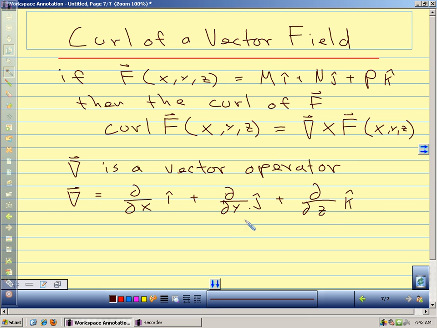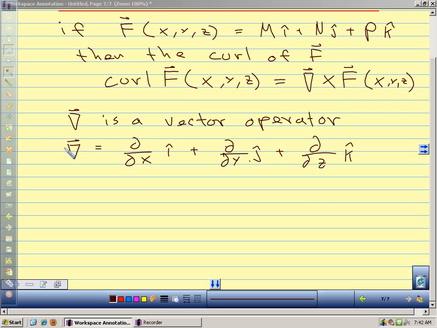So this doesn't make any sense standing on its own, but del cross F, if I form the cross product of this operator with a vector, we can figure it out by this determinant.